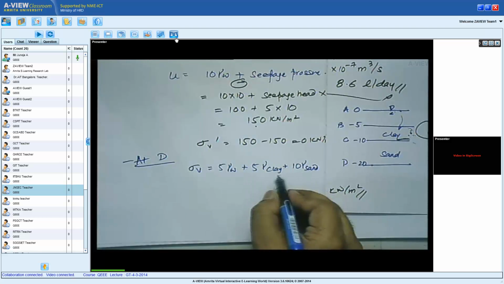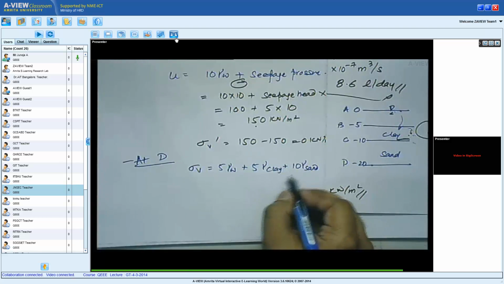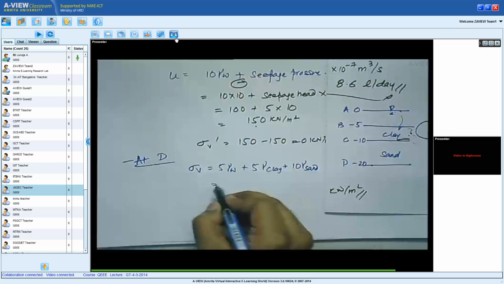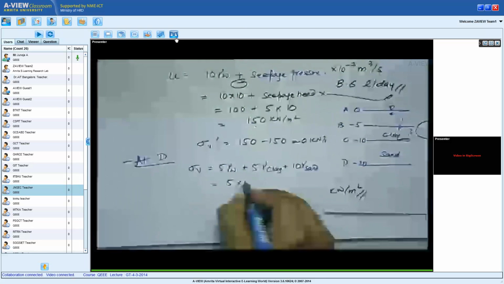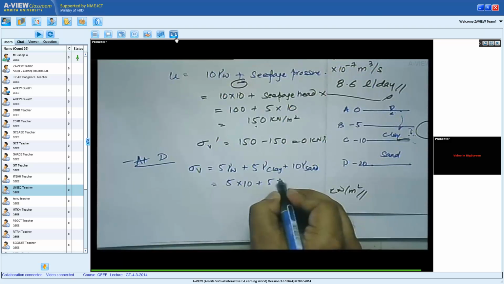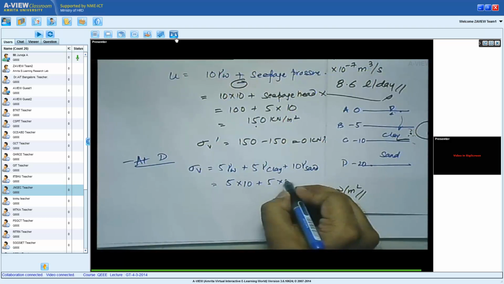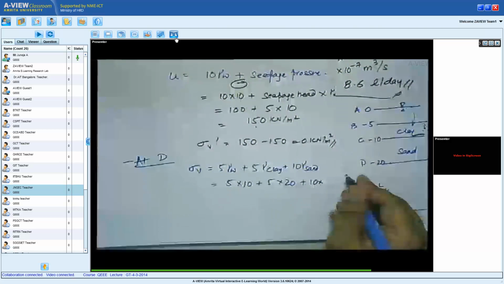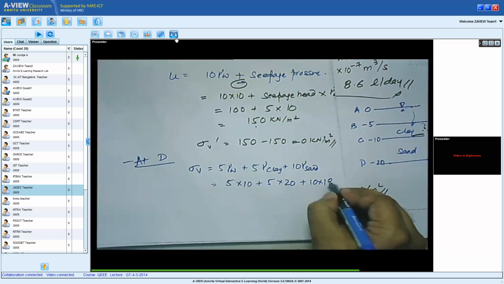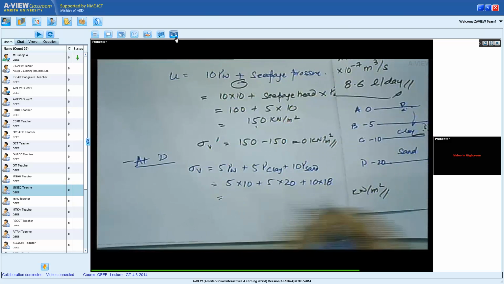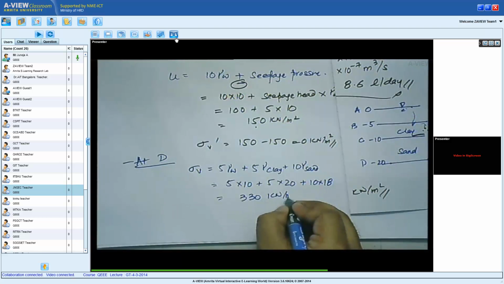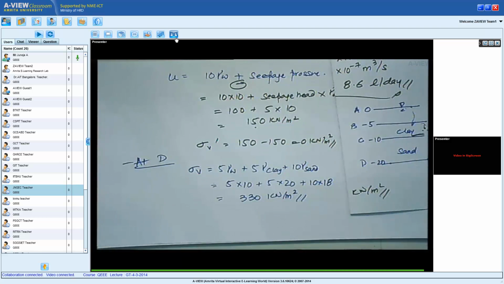Remember, these are all saturated, so I'm not writing saturated again. It's obviously below the water table, so this has to be saturated. So equals 5 times 10 plus 5 times the unit weight of clay, which is given as 20, plus 10 times the unit weight of sand, which is given as 18. Equals 330 kilonewton per meter square. That's the total stress.